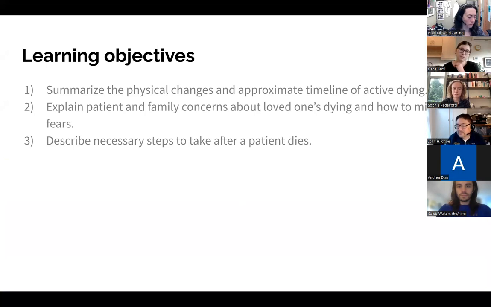Second, I'm going to explain patient and family concerns about loved ones dying and how to mitigate those fears and concerns, particularly help families with the emotional aspect of letting go of their loved ones. And third, I'm going to go briefly through the logistical, practical steps that need to be taken after a patient dies, particularly in the hospital.